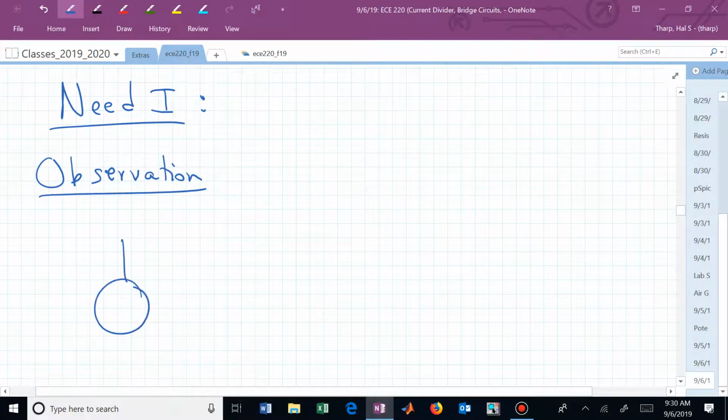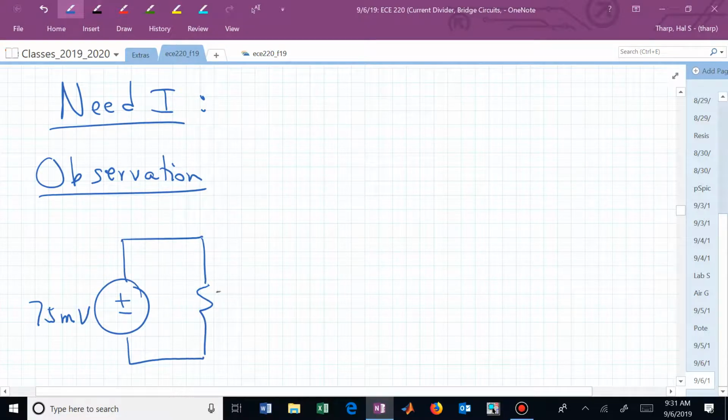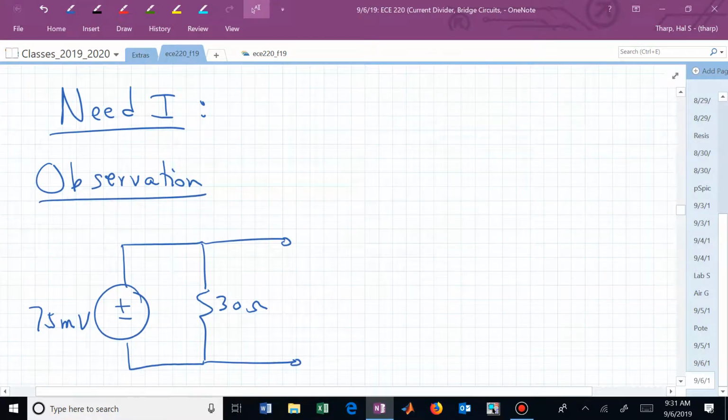We have this voltage supply, what was it, 75 millivolts. And we have this 30 ohm resistor across it. What do we know about an independent voltage source? It's going to supply whatever current is needed and maintain 75 millivolts across its terminals.